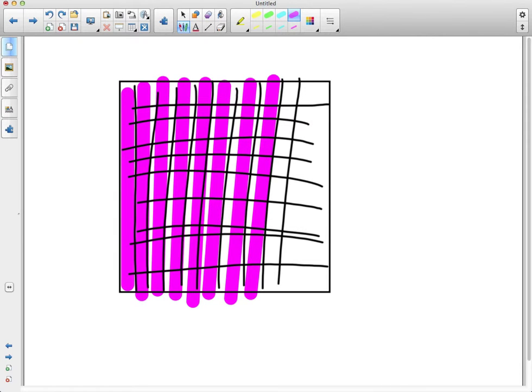That's 8 longs, yes? And how do we write that as a decimal, Jack? Not quite, we're talking about longs right now. So Marin, 0 and 8 tenths. And then Jack, now, how many individual cubes did we cover? 80, so we can also write it as 0 and 80 hundredths.